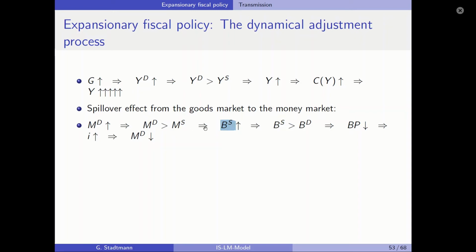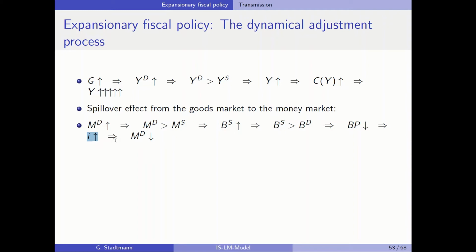The private households are trying to sell bonds. Bond supply is larger than bond demand. This leads to a decrease in bond prices, and this implies that the yield, the interest rate, increases. When the interest rate increases, this has an effect on money demand. The opportunity costs of holding money increase, and hence money demand is affected in a negative way.